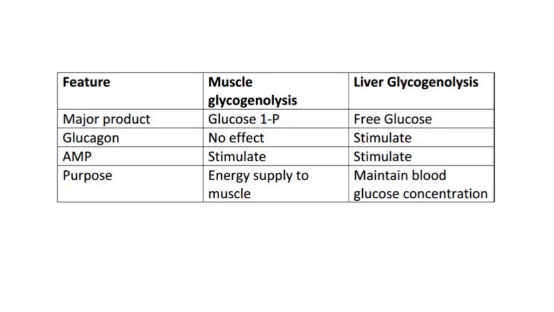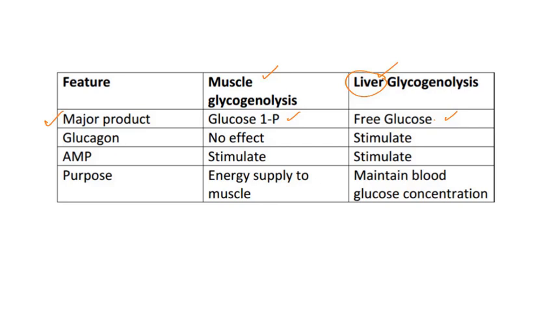Here we can see that in muscle glycogenolysis, major product is glucose 1-phosphate. And in liver glycogenolysis, major product is free glucose. Here the liver provides free glucose from liver glycogenolysis, but muscle cannot provide free glucose. They provide glucose 1-phosphate.